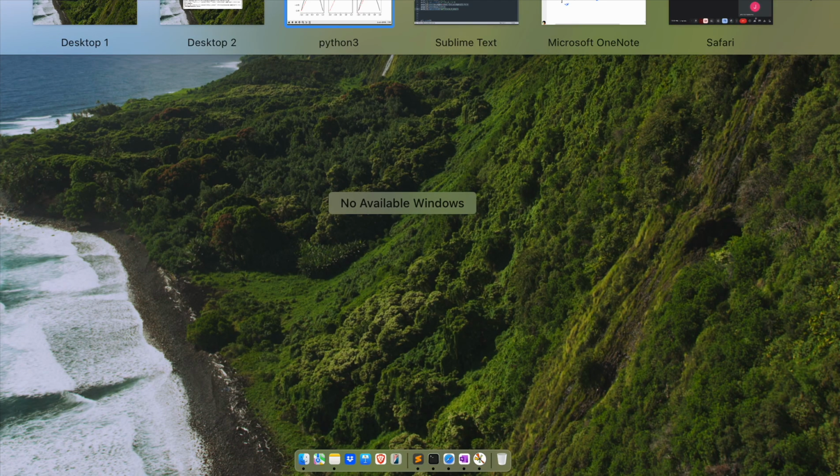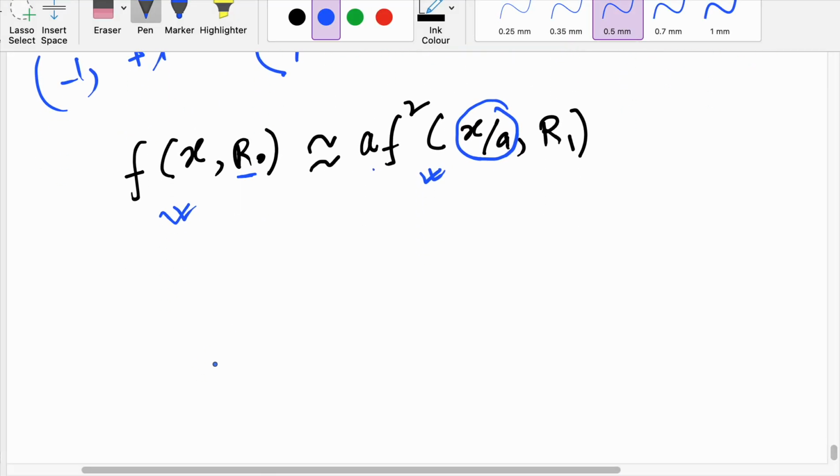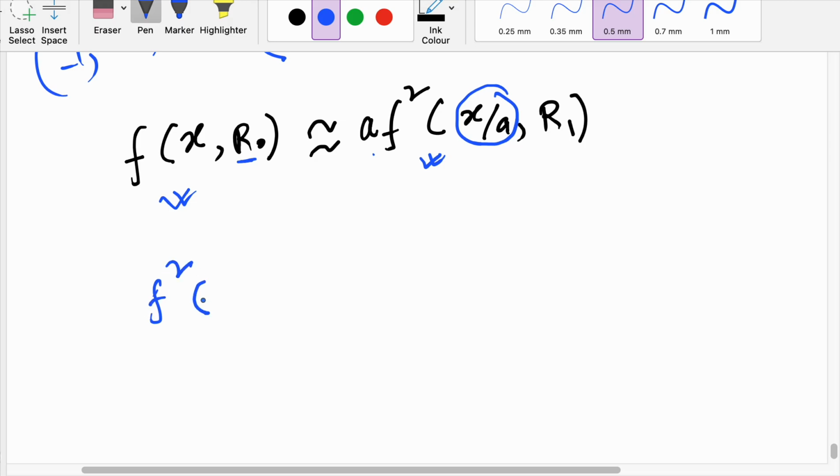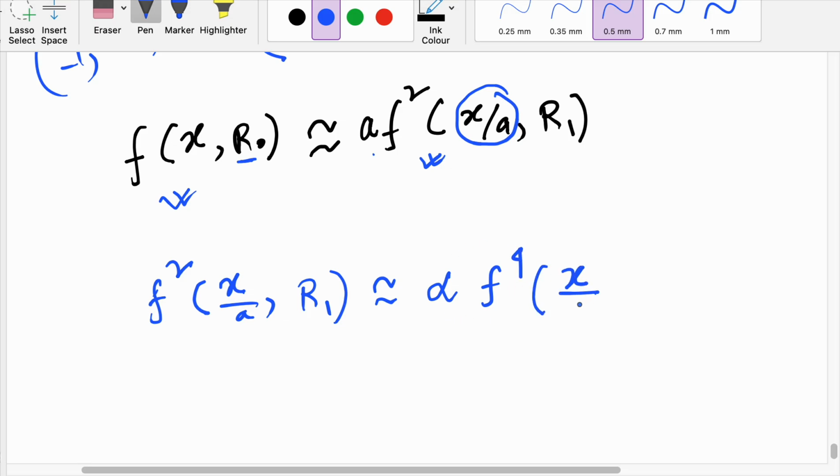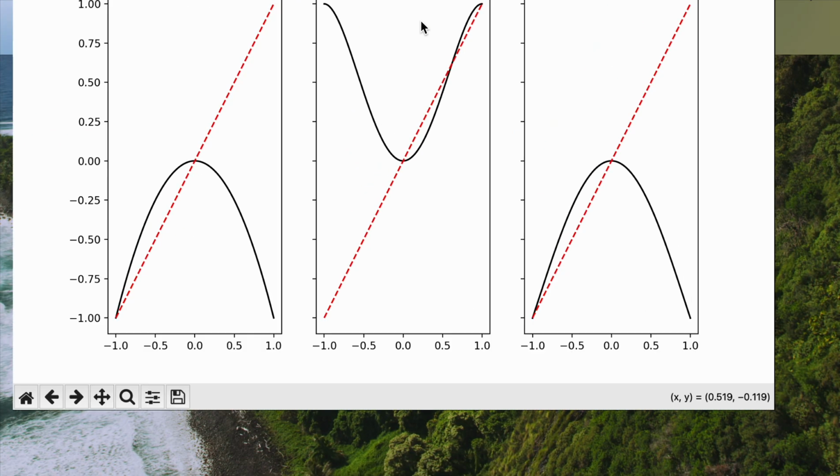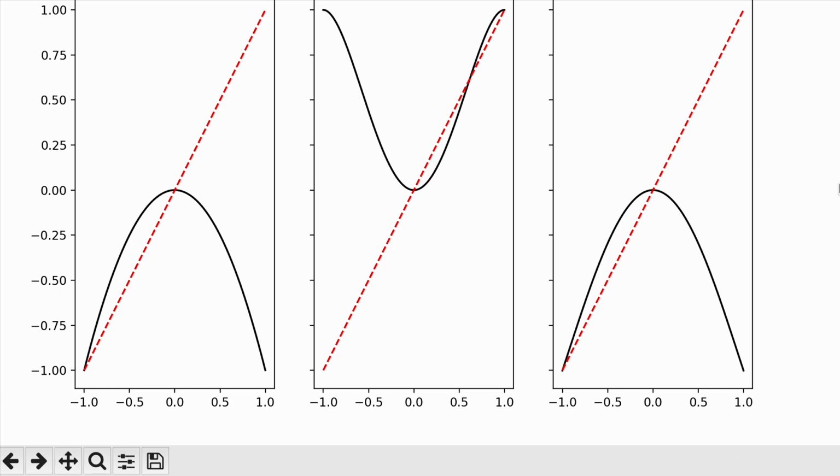So what I am saying is that f square x by alpha at r1 should be self similar to alpha into f of its period doubling orbit, again x by another alpha, alpha square, at R2. Similar to this, we can generate f square R1, and from here we can generate another f square.